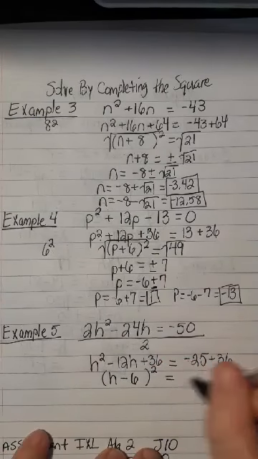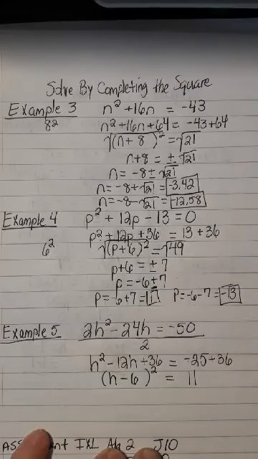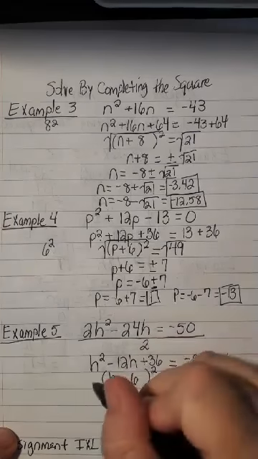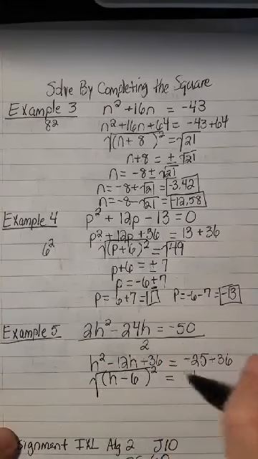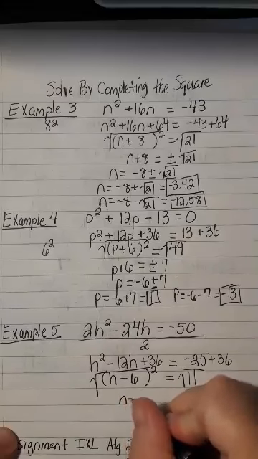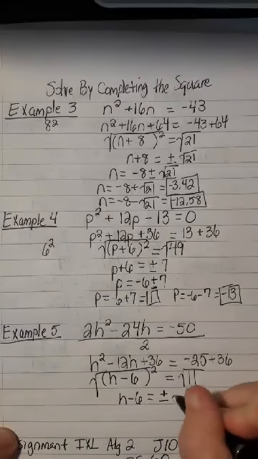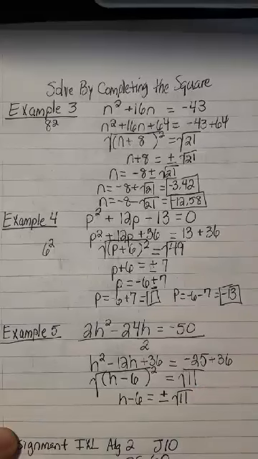And you're ready to simplify the right side, which is going to be 11. Now you want to take the square root of each side. That leaves you h minus 6 equals plus or minus the square root of 11.